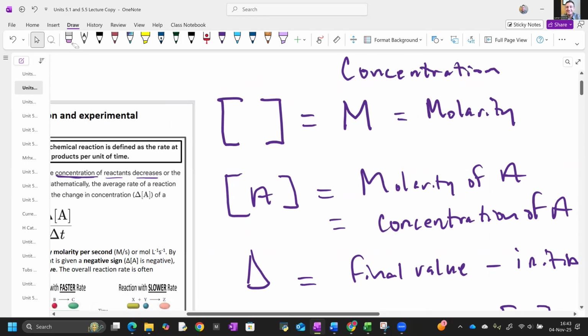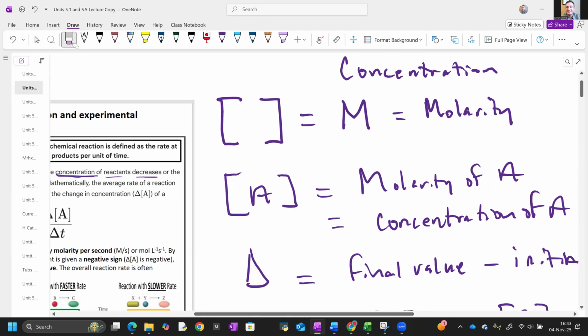Anytime we see this bracket around a symbol, around an element, around a chemical formula, it's representing that we are looking for the concentration of that substance, of that species. And so when you see the bracket, you should be thinking of concentration. Now, there are several ways of expressing concentration.